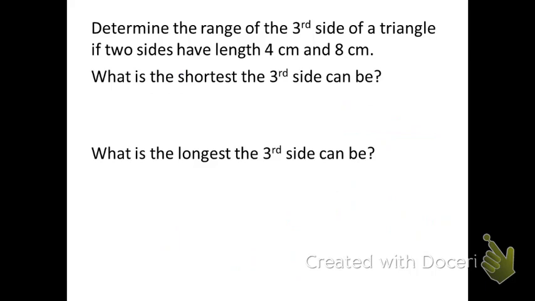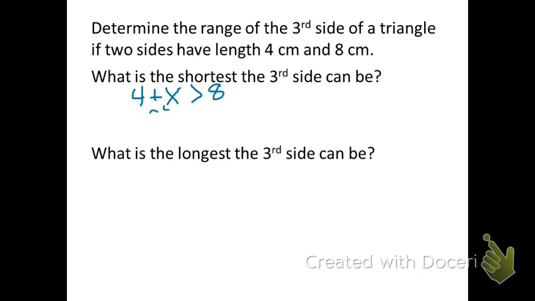So for this example, since we're looking at what's the shortest the third side can be, assume that 8 is the largest side of a triangle. So we know that if x is the shortest side, then 4 plus x has to add up to be greater than 8.